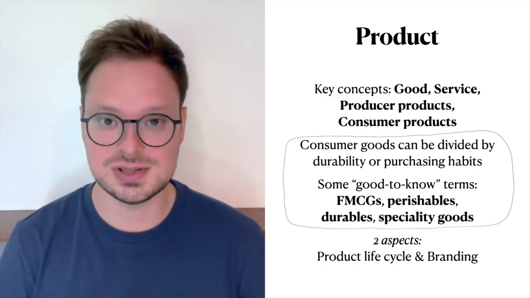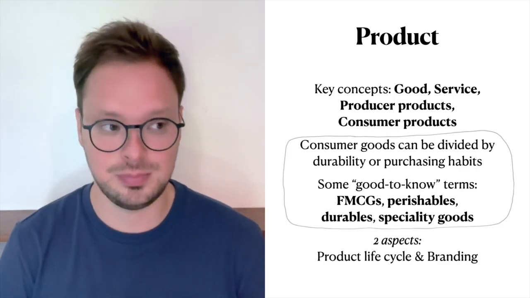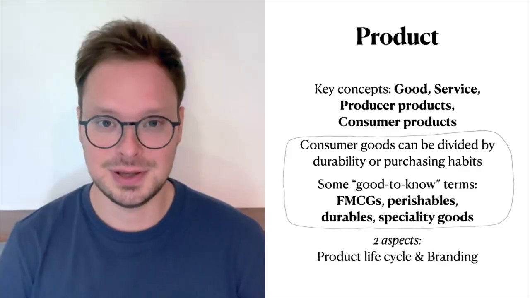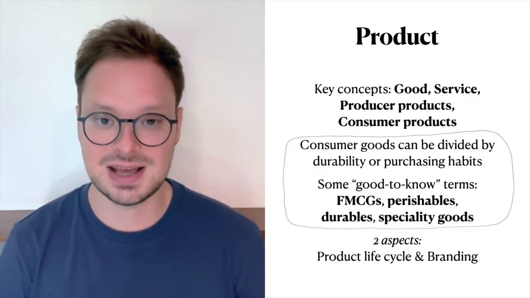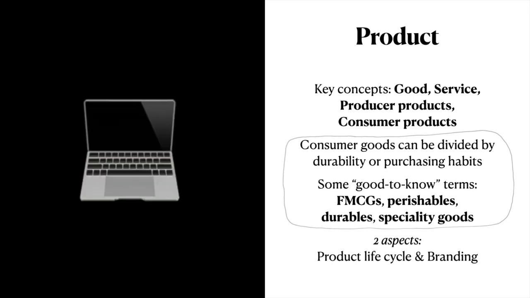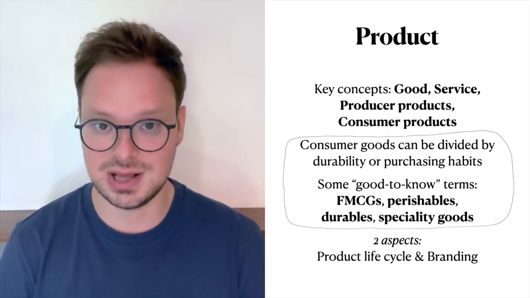Another group of products is called perishables. As you can see from the name, it refers to goods that perish really quick. For example, food. The opposite of perishables is durables. It refers to products that can last for a very long time. Washing machine or car or computer. And the last category of goods that we're going to learn is called specialty goods.